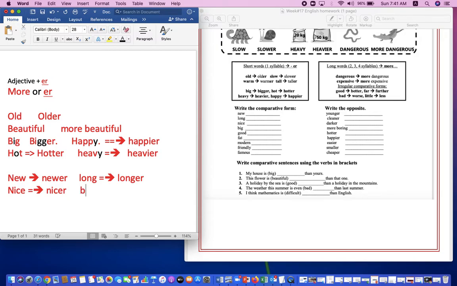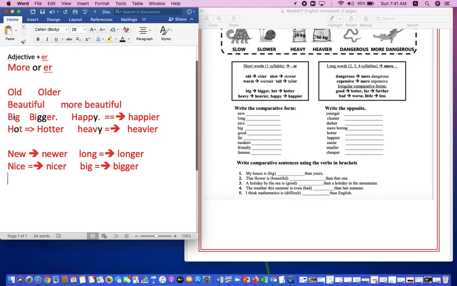Big, the problematic i. Yes, bigger. Good. Oh, that's a problem. Yes, good cannot stay as good.